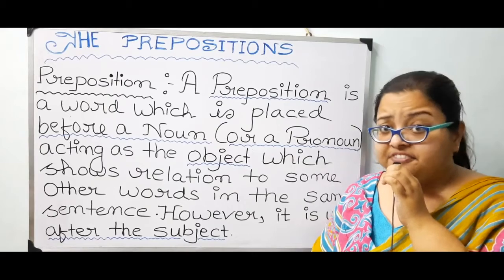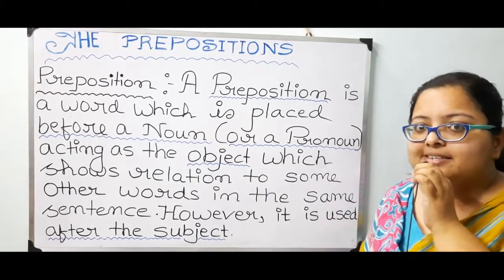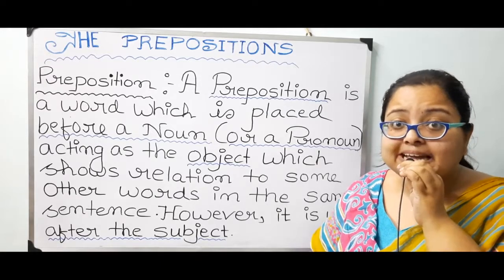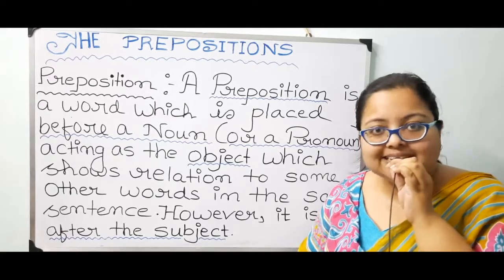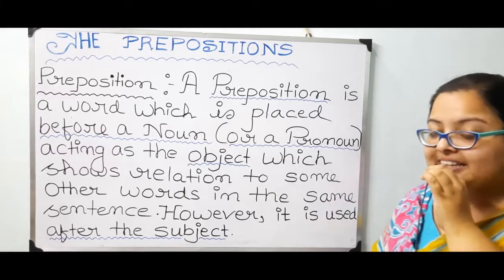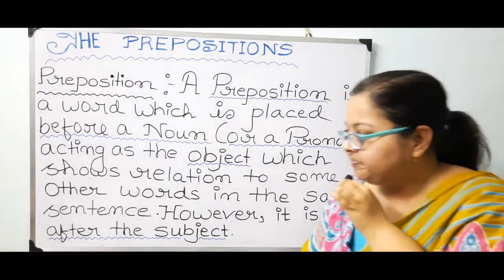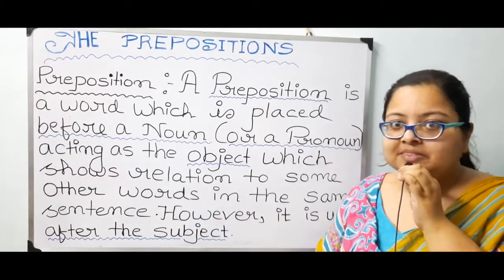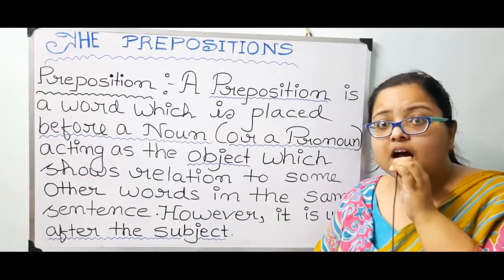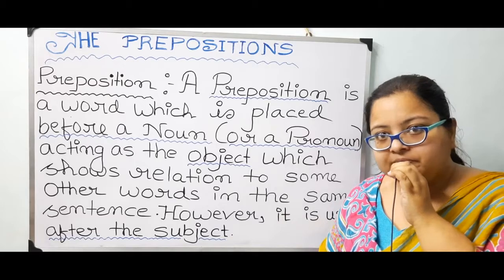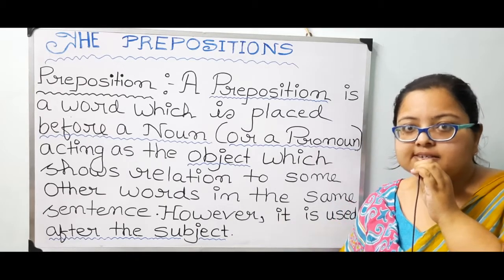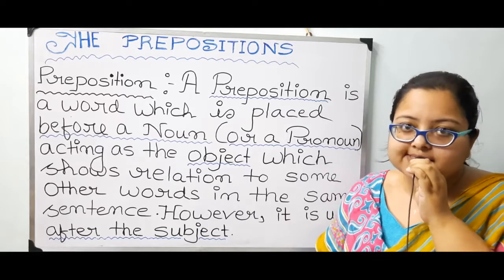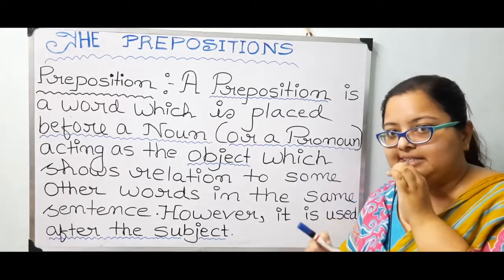But definitely it has to be placed after the subject. It can be placed before the object, but it has to be placed after the subject. So it is used after the subject, and it is a form word, which establishes relationship among words in a particular sentence.